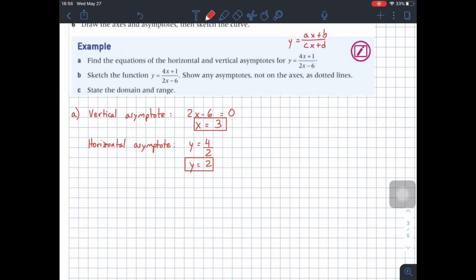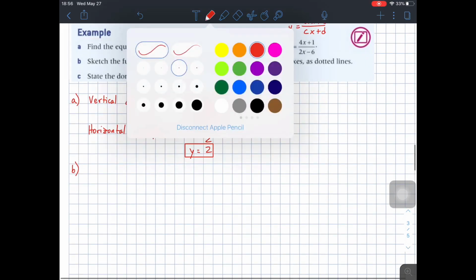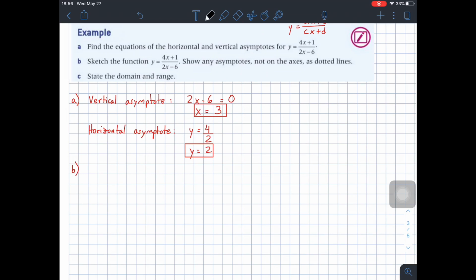Then we're going to go to part B, which says sketch the function, show any asymptotes not on the axis as dotted lines. Okay, so now we're able to do the sketch. We're going to do this sketch right here. So this is x and this is y.